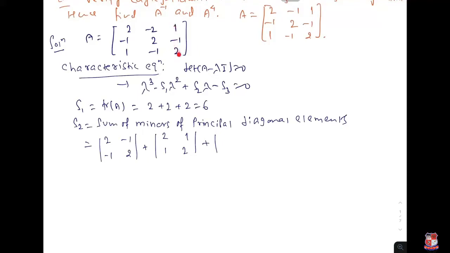So this third column, third row is not there, so these 4 elements will be there: 2 minus 1, minus 1 and 2.